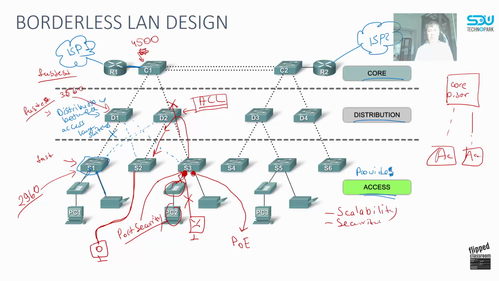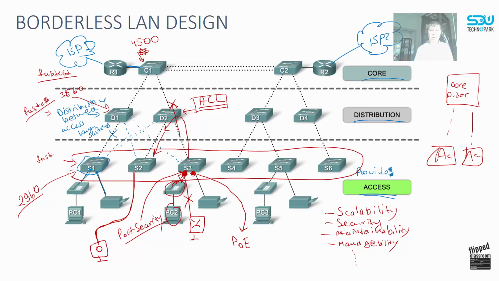security, maintainability, and manageability, and so on. So it is a very good design for the network, where only access layer switches provide access for the users, so you will be sure that all of your port security has to be configured here, and PoE, Power over Ethernet, also has to be only here.